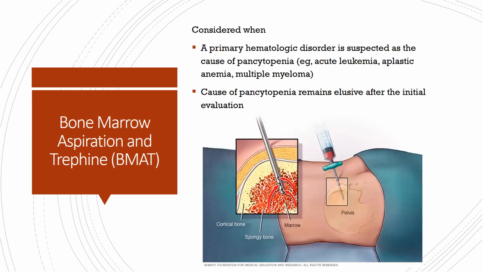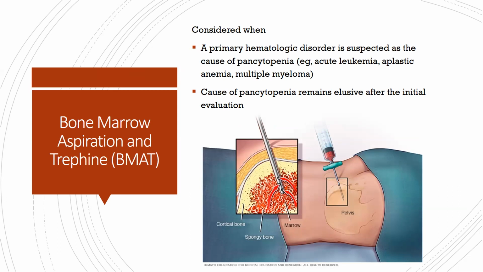Okay, and next we go to a BMAT, bone marrow aspiration and trephine. This will usually be done by the hemato team, and it's considered when a primary hematological disorder is suspected, like acute leukemia plus anemia or MM. So if a primary hematological disorder is suspected, then we should do a BMAT.